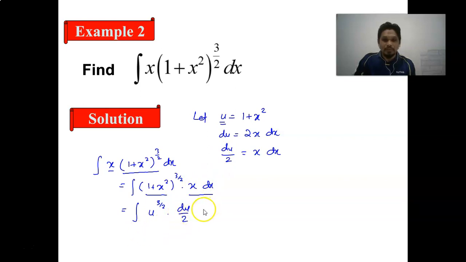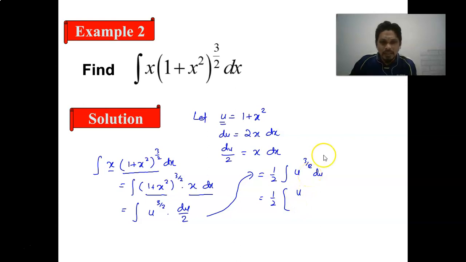So I bring it up: equals the integral of 1 over 2 times u to the power of 3 over 2 du. Then it is 1 over 2 times u to the power of 3 over 2 plus 1, which is 3 over 2 plus 2 over 2, 5 over 2, divided by 5 over 2, or multiplied by 2 over 5, plus c.